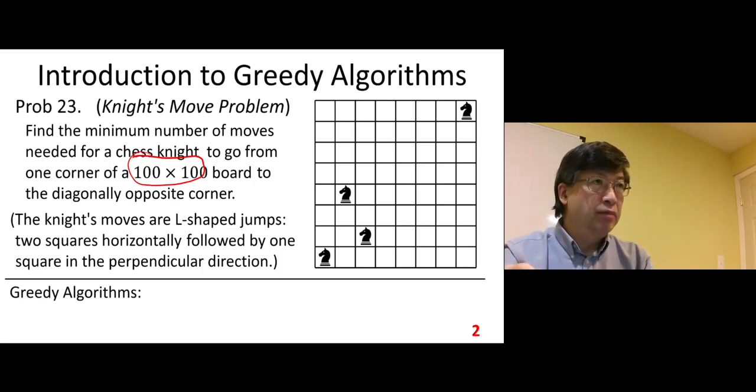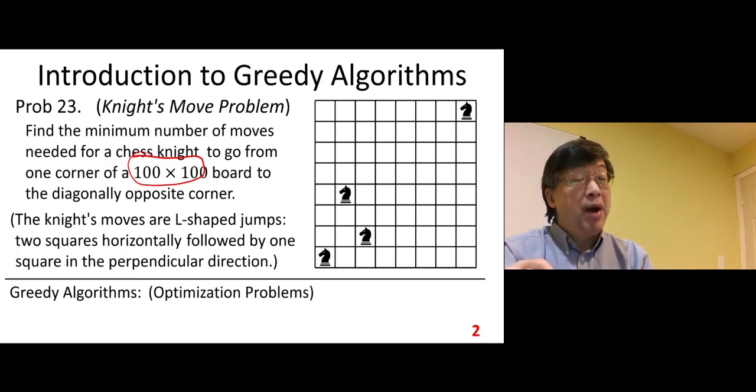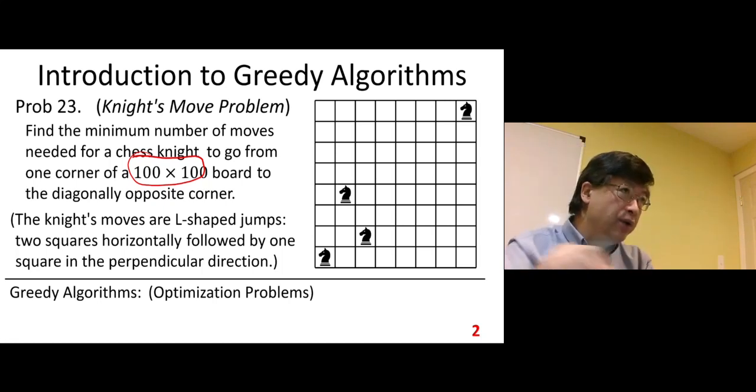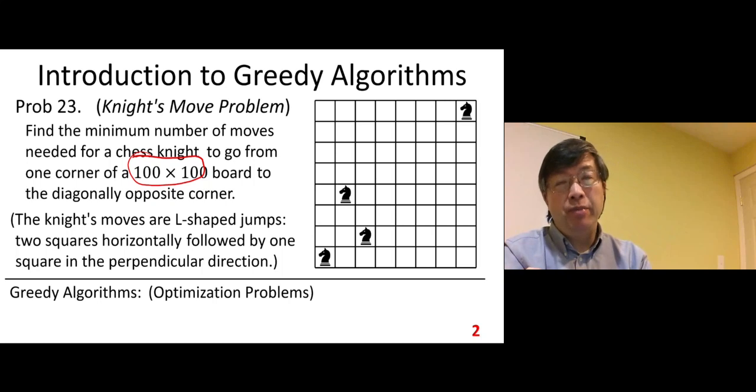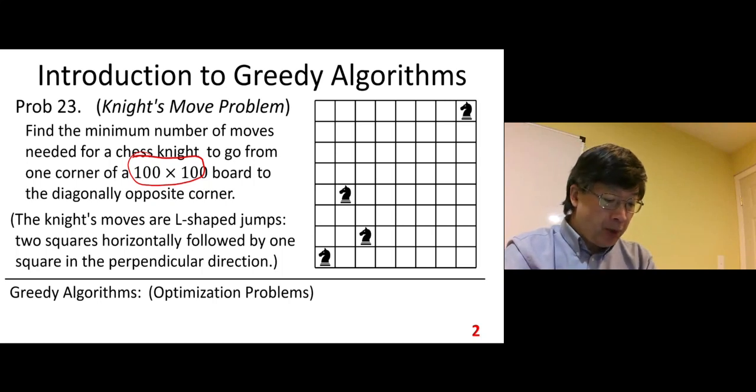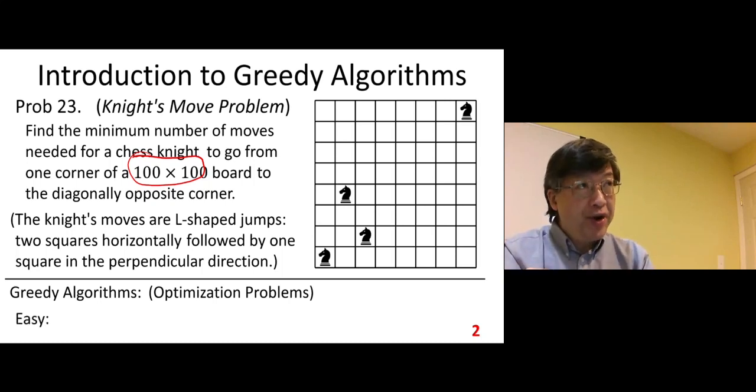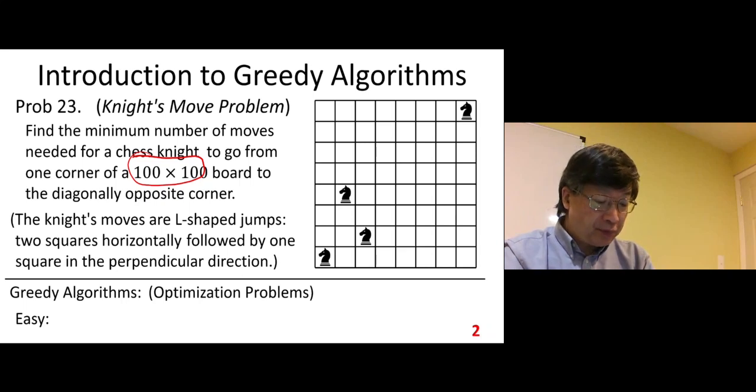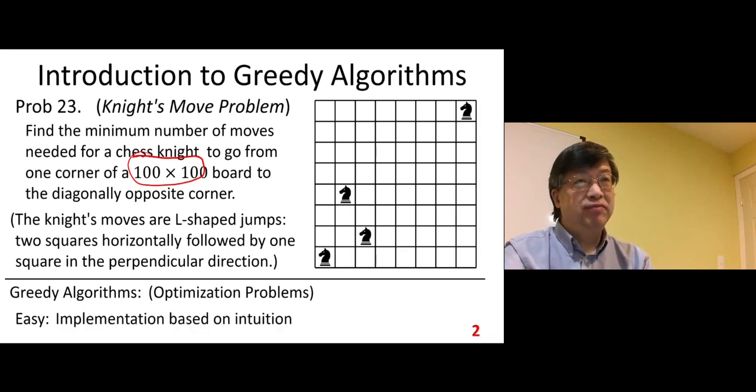Now, it's a simple problem, so can we use the greedy algorithm to solve it? It is an optimization problem. Every time you see an optimization problem, you can consider greedy algorithm and dynamic programming. The easy part for a greedy algorithm is implementation based on intuition.